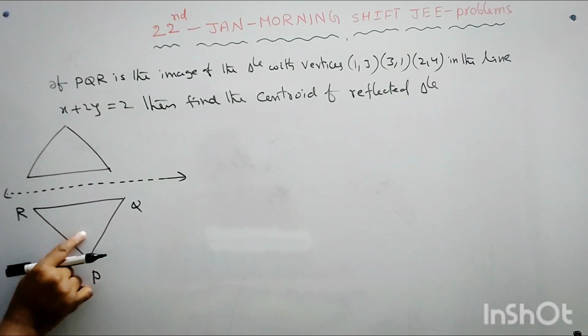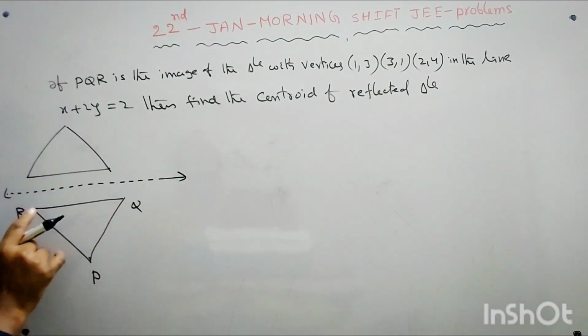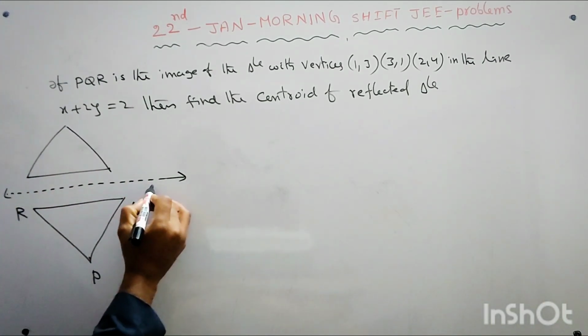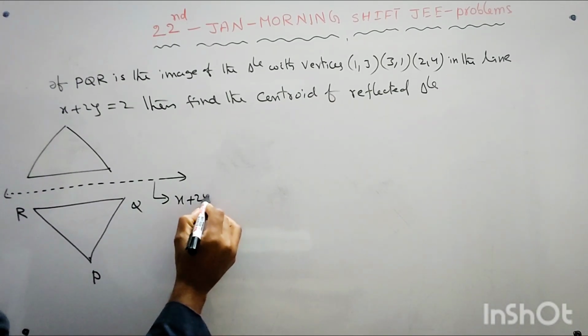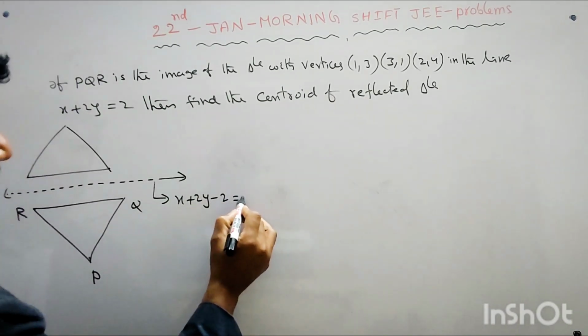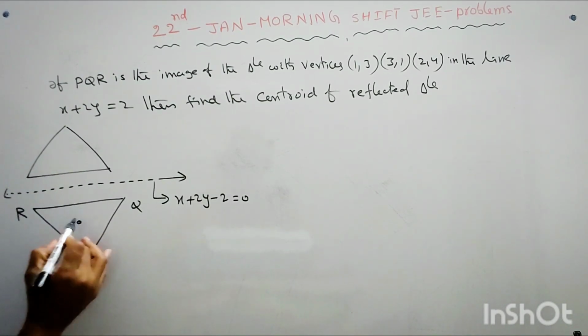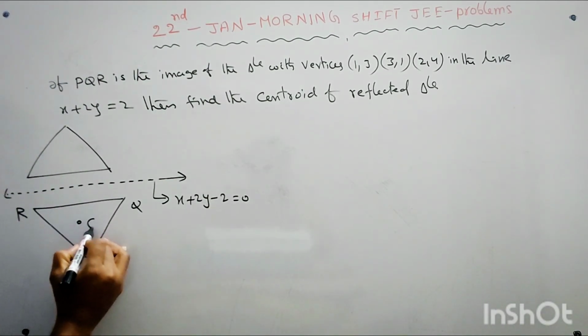The triangle PQR is the reflection of this triangle with respect to this line. What is this line's equation? This line equation is given as x plus 2y minus 2 is equal to 0. It is asking what is the centroid of this reflected triangle.